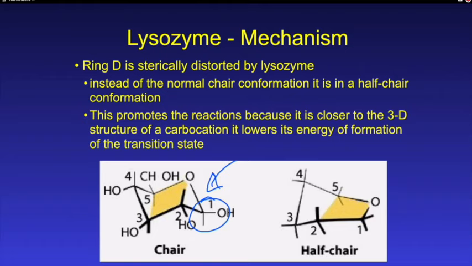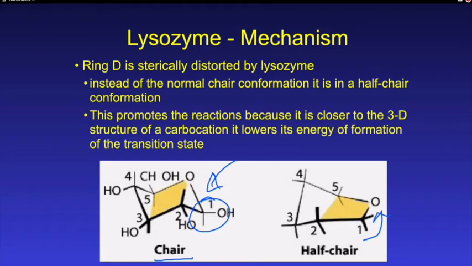Now the other five sugars that are binding have positive interactions and they want to fit into the active site, but this chair in the D position hits it and gets pushed against the protein. For the sugar to fit inside that active site, what has to happen is the one carbon has to be bent up into the half chair conformation.